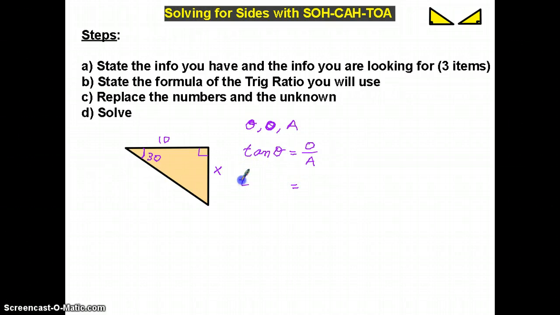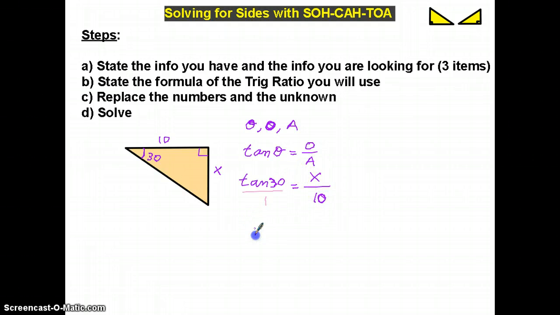So tan of an angle is equal to opposite over adjacent. And then I'll just put in the numbers. Tan of 30. It's not writing. Tan of 30 is equal to opposite, which was x, divided by 10. So now it's kind of like the proportion that we talked about before, right? I can pretend that this is divided by 1, and now I can isolate for my x.